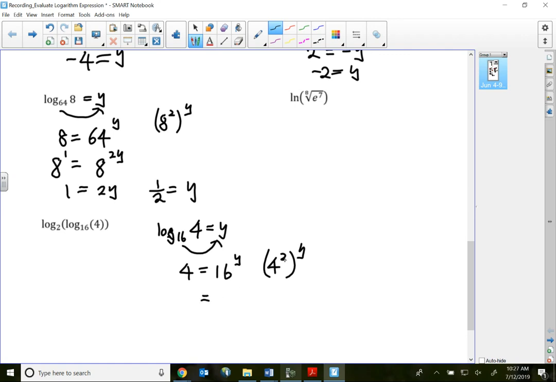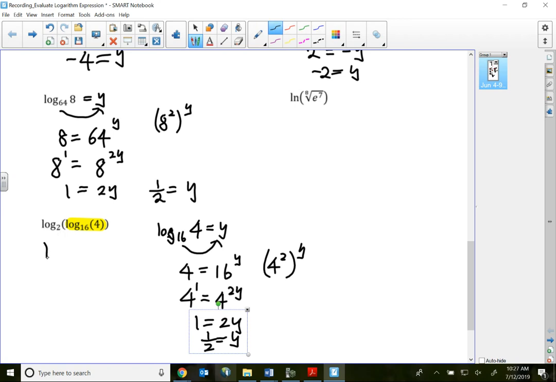So by the power rule for exponents, this is 4 to the 2y power equal to 4 to the first, right? This 4 is representing 4 to the first. So now set the exponents equal to each other, and y is equal to 1/2. So what's inside this parenthesis is going to be 1/2.